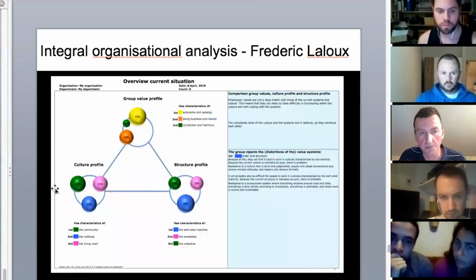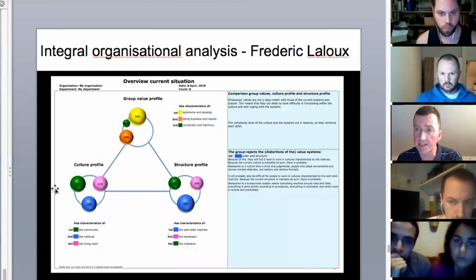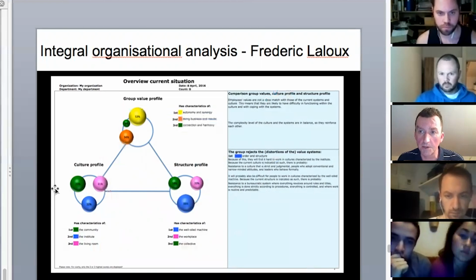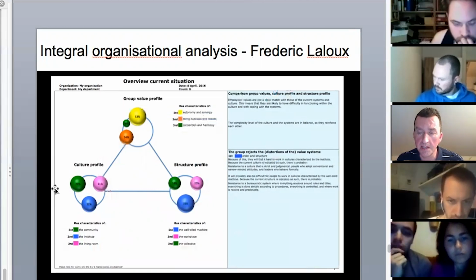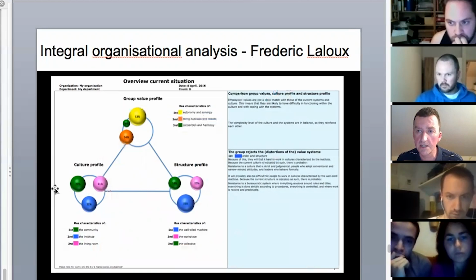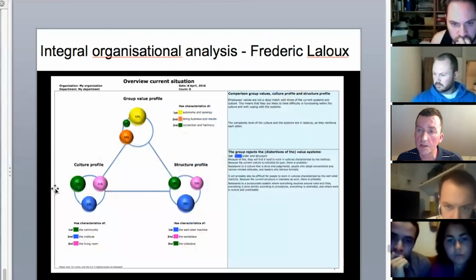And then I also do an integral organizational analysis where you can look at organizational systems. This is in line with the work of Frederic Laloux. I've done a bit of work with him directly about what happens when you get someone who's operating at second tier put in charge of organizations. You get a tremendous difference in how that organization operates, with a lot more trust.